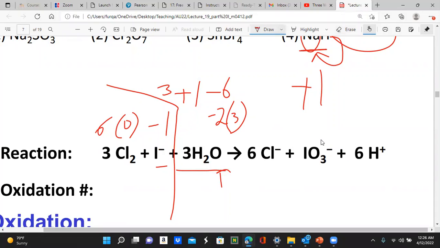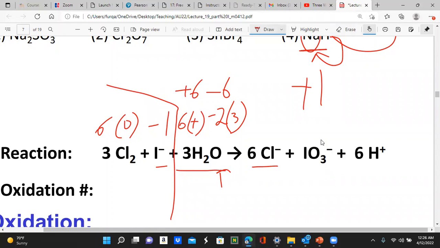So that's going to be 6 times +1. Okay, so there are 6 hydrogen, each is +1. That's going to give me exactly +6 here. So each hydrogen is +1 here, each oxygen is -2. That's how you're balancing it.